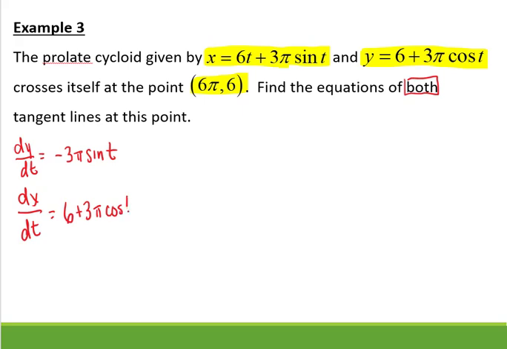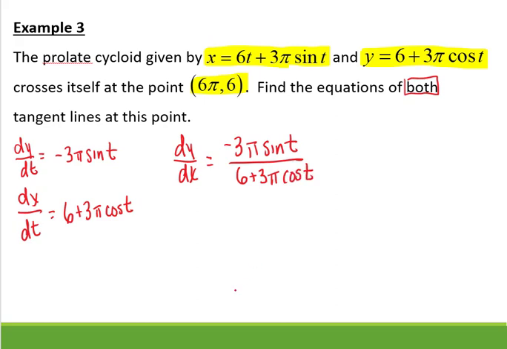So my dy/dx is equal to negative 3π sine t over 6 plus 3π cosine t.